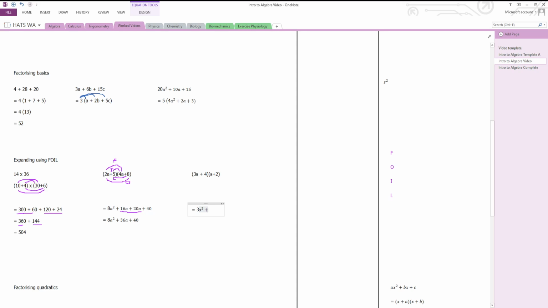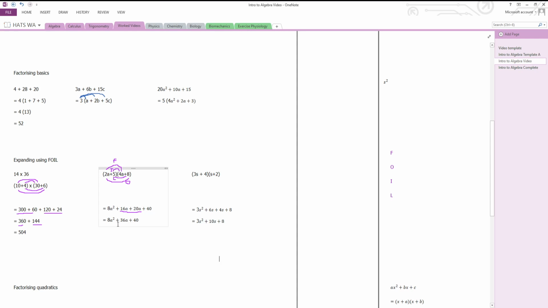Then we have the outside of each one would be 3s times 2, which would be 6s. The inside of each would be 4 times s, which would be 4s. And then the 4 times 2 would give us 8. So we end up with 3s squared plus the 6 and the 4, so 10s plus 8. So we've collected those s terms.